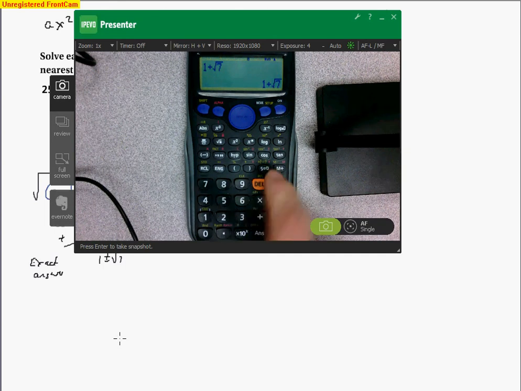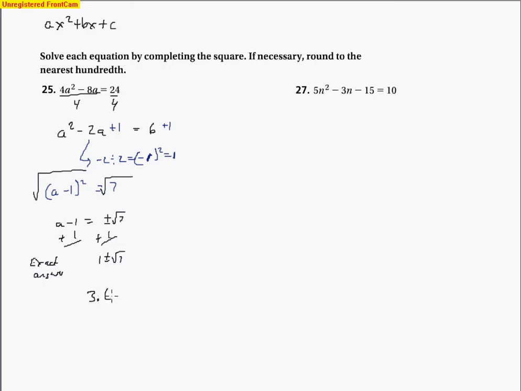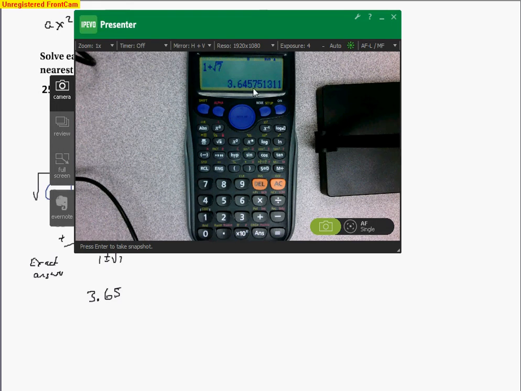I press the SD button, and that gives me a simplified form, or at least an approximate value. I'll round to the hundredths place here, so I'll write that as 3.65. As I bring this back up, this 5 right here is large enough to round this value up. So I rounded it to 3.65.